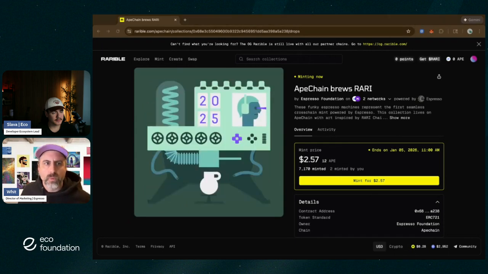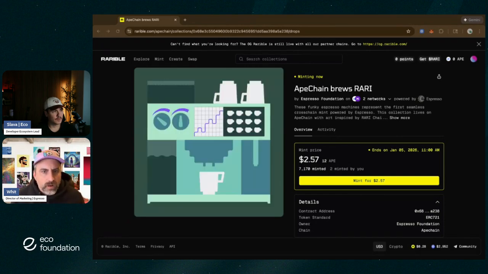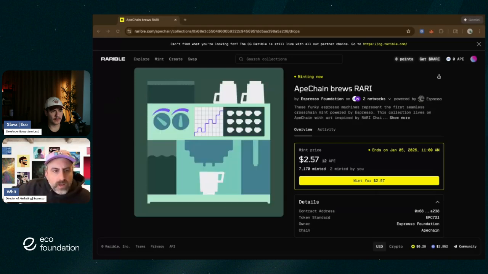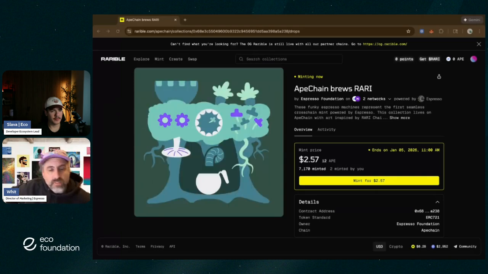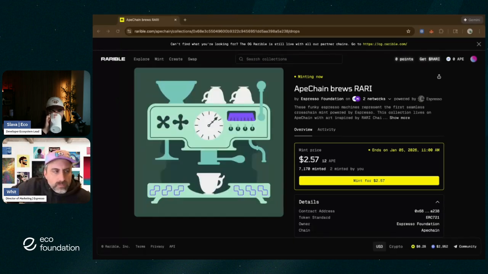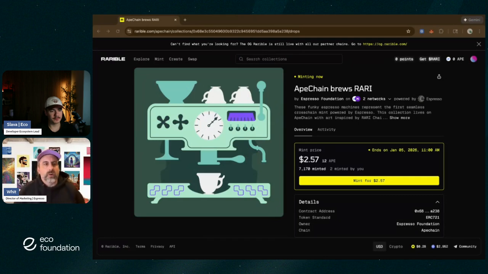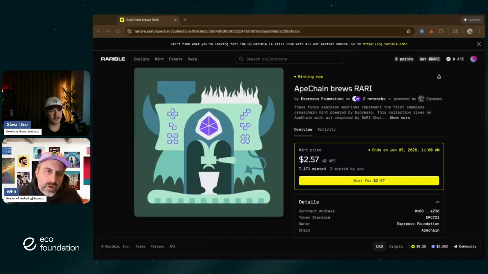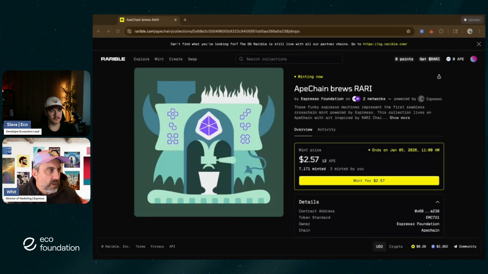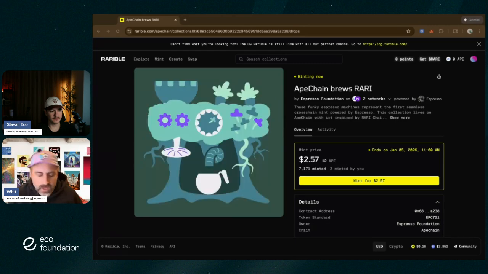What's happening under the hood here is that ApeChain and Rari Chain are integrated. Usually before, if I wanted to mint an NFT on ApeChain and I didn't have any funds there, but I had funds on Rari Chain, I would have to manually go bridge funds, use an intent-based bridge like Across or another kind of liquidity bridge, and have to be thinking about gas fees to send this transaction.